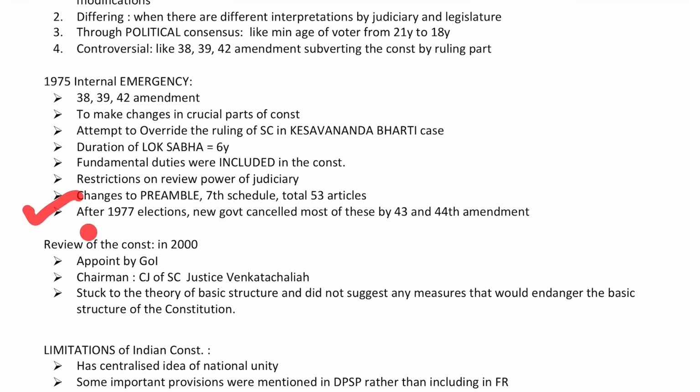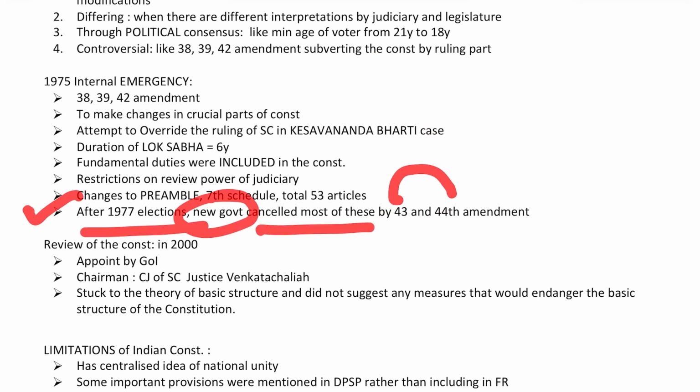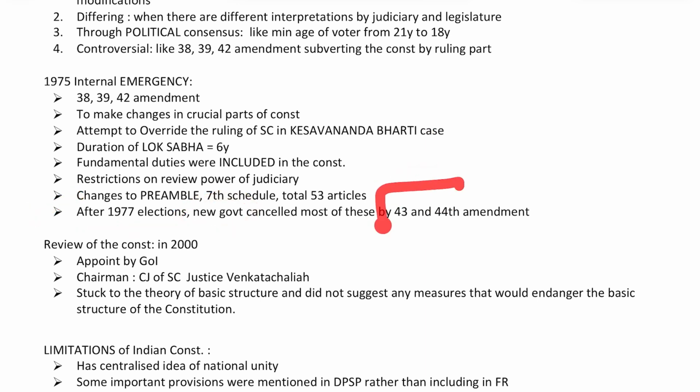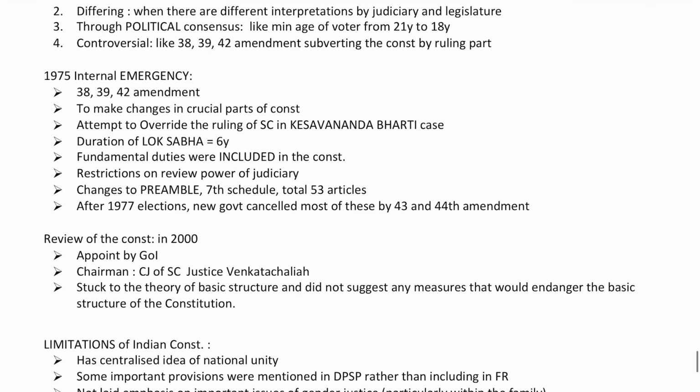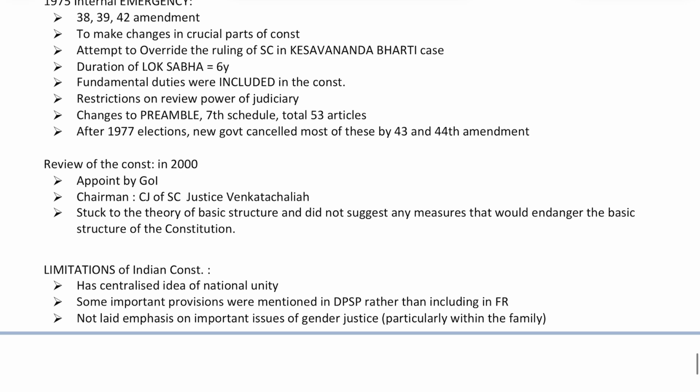After the 1977 elections, the new government cancelled most of these by the 43rd and the 44th Amendment Acts. So these were basically in order to rectify the mistakes which were done. Then the review of the Constitution in 2000. This was appointed by the Government of India.